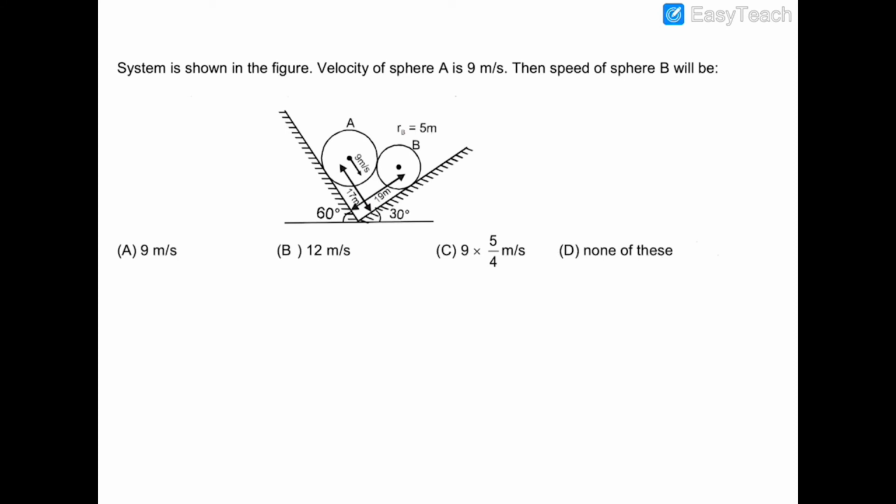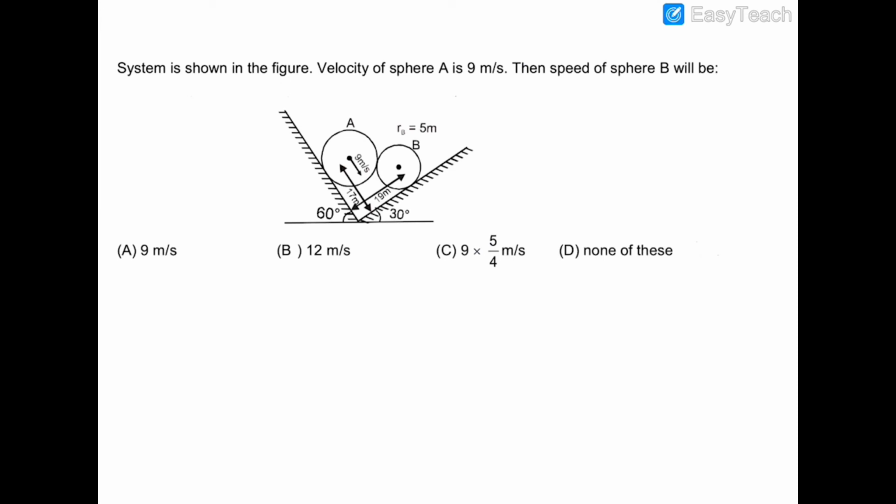This is a very tough and very interesting problem of type 2, and in this problem there are two spheres, sphere A and sphere B. The direction of motion of sphere A is already given, and its velocity is given as 9 meters per second.